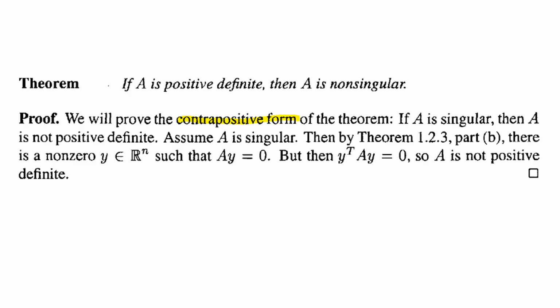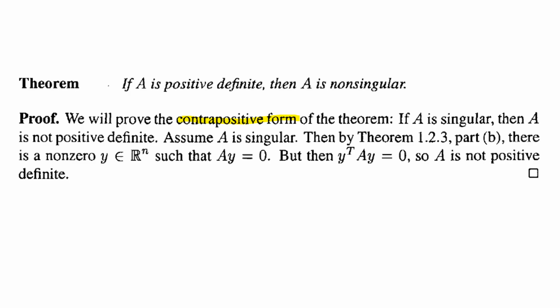Assume that A is singular. If A is singular, then a theorem says that for any non-zero vector y which belongs to Rn such that Ay is equal to 0, we can obtain such result where A is a singular matrix.